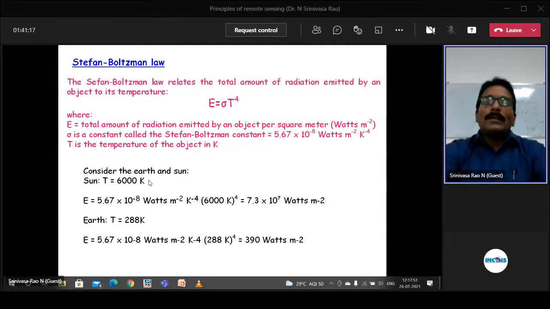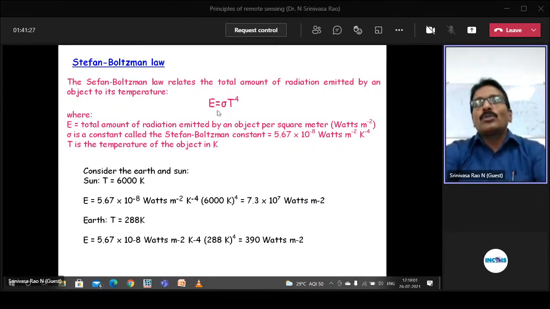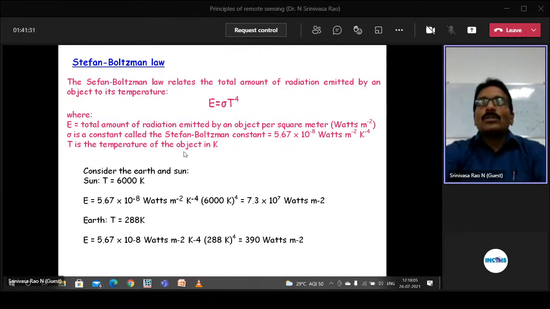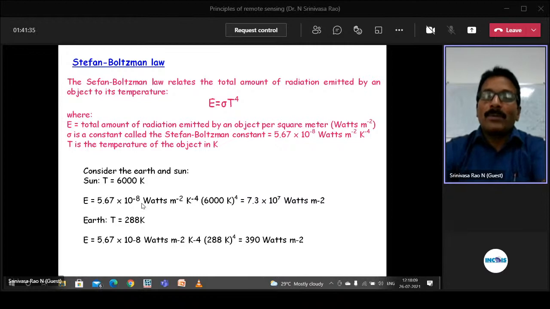Now, take one best example to understand this: the sun. The sun's temperature we consider as 6000 Kelvins. If you substitute 6000 Kelvins in this equation, E equals sigma, 5.67 into 10 to the power of minus 8 watt per meter square Kelvin to the power of 4, times 6000 to the power of 4.